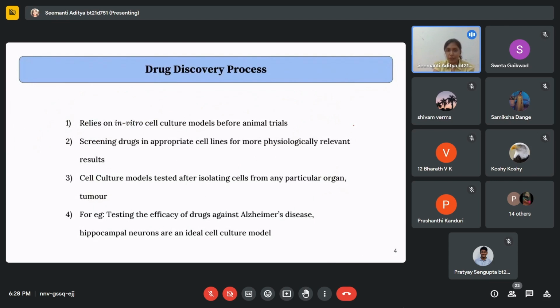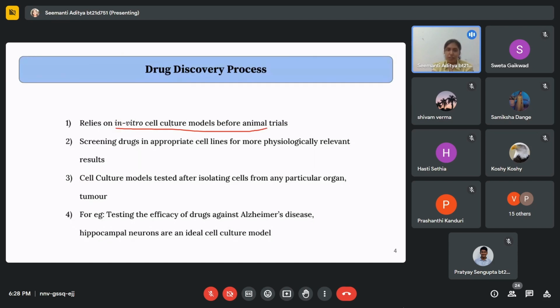The drug discovery process relies on this in vitro cell culture technology, where we use cells of the relevant organ against which the drug needs to be tested. It relies on the in vitro cell culture model before animal trials, because it needs to be validated that it is working in vitro. Only then are animal trials allowed, and after animal trials it goes to human trials.